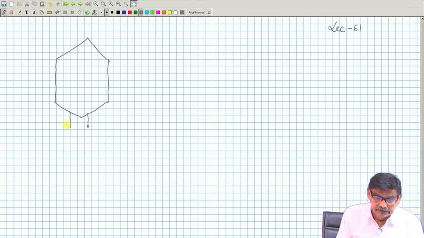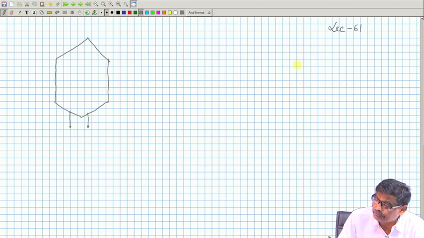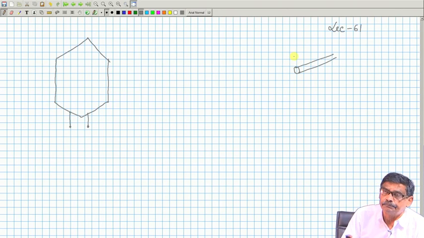Okay. Now, what is to be done is this: below this, on the shaft of the machine, this is the shaft. I will put another thing like a ring, which will look like this one.